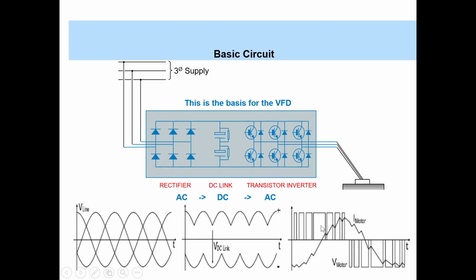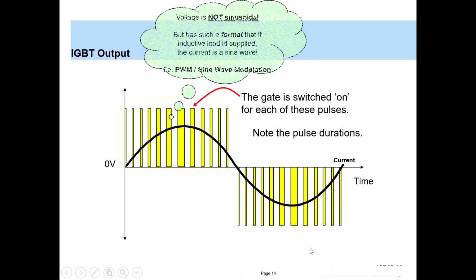So the width is adjusted such that the current waveform that we have is more or less a sinusoidal waveform, right? It is because of the inductive load that we have connected that we get a sinusoidal current, but the voltage is a pulse width modulated square waveform. Voltage is not sinusoidal.